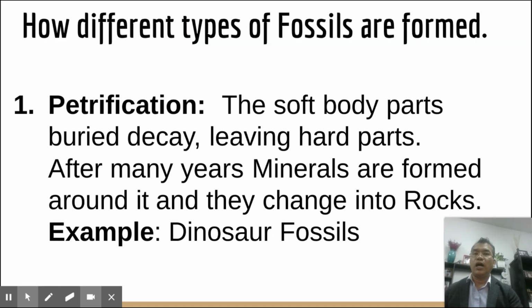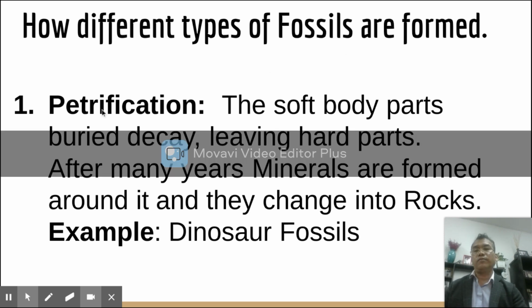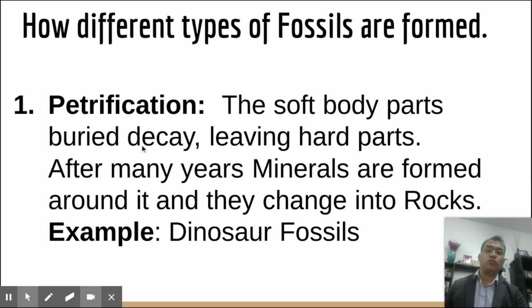So that's it. Now, this is going to be a little bit detailed. Let's see how different types of fossils are formed. That's very important. The first one is called petrification. It's very simple. The soft body parts are buried and decay, which we learned before, leaving hard parts. Usually the skin, the flesh, or the blood decay easily, but the hard part remains.